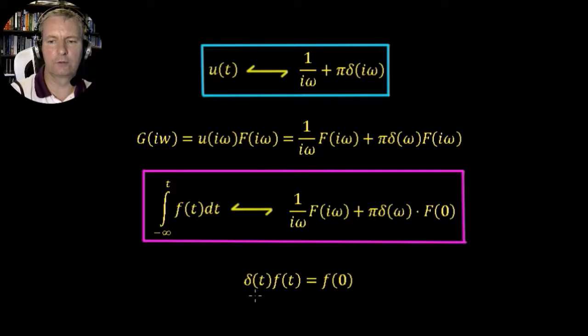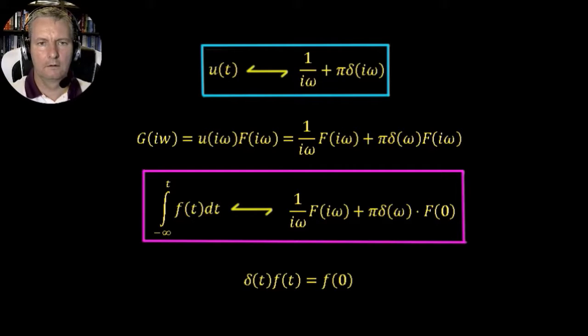We've seen delta t f of t would just be a value f of 0. So the Fourier transform pair we're looking for is the integral from minus infinity to t of f of t dt equals 1 upon i omega F of i omega plus pi delta omega F of 0.